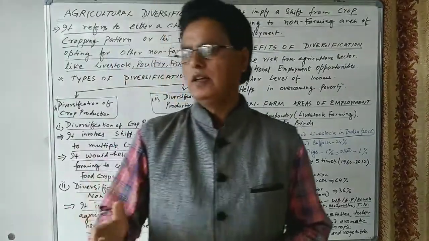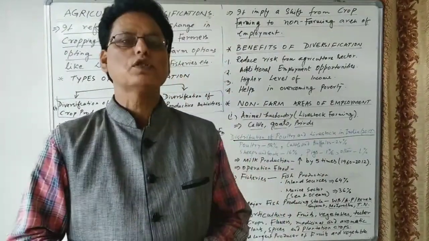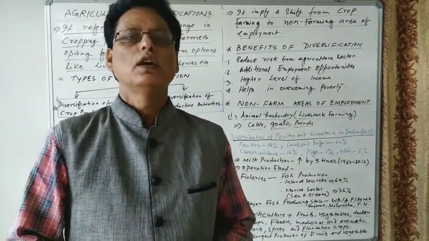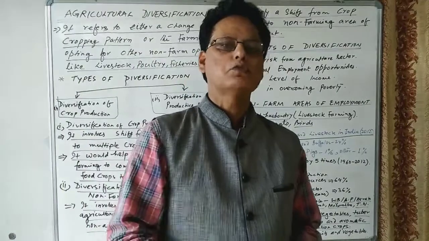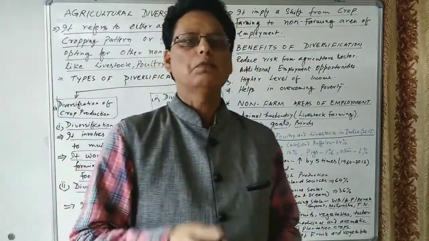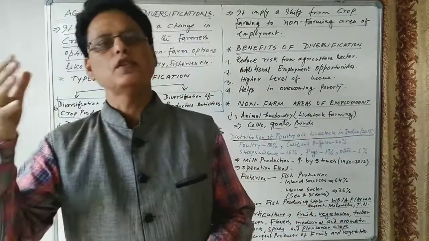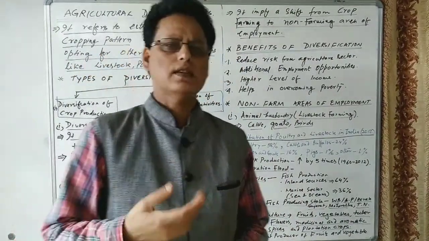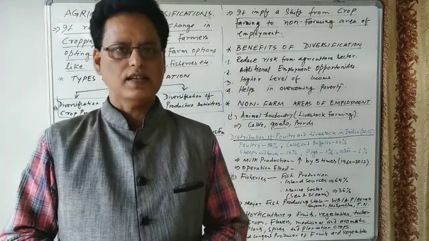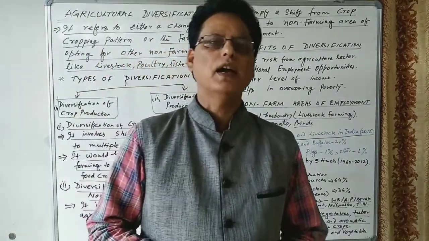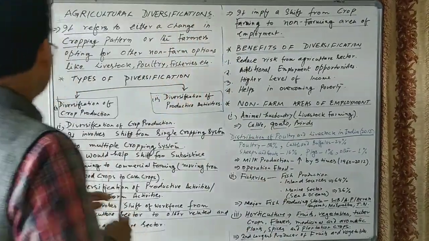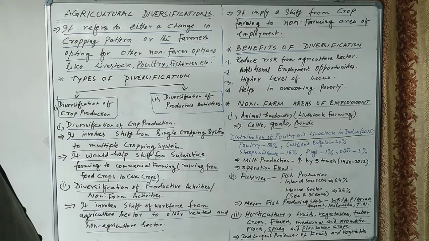Along with potato, some other crops can be grown. Maize can be grown along with potato, and potato and oil seed can also be grown. Different crops in different areas can be grown, and that can provide supplementary income to the farmer. So this is called diversification of crop production.